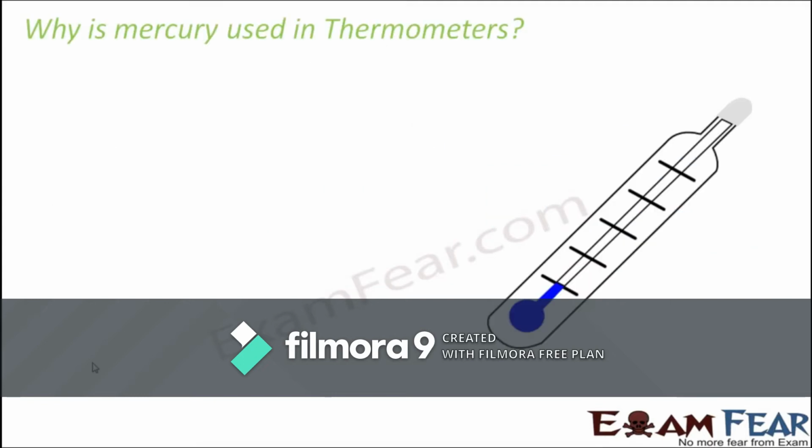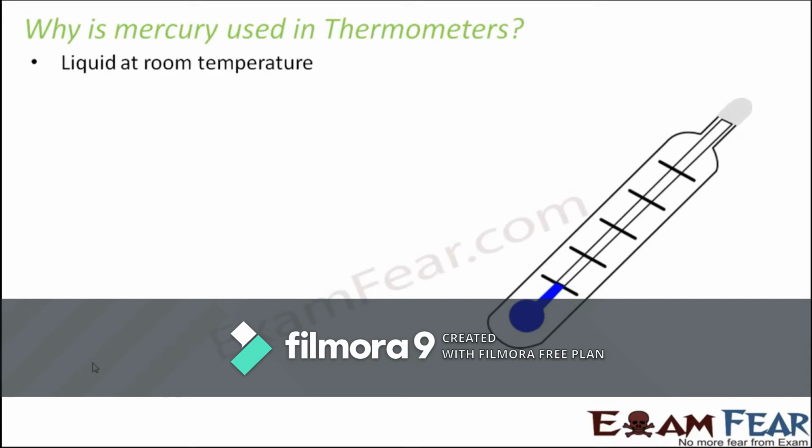Now, we looked at both clinical as well as laboratory thermometers. Everywhere we see that mercury is always chosen as the liquid inside the thermometer. What is so special in mercury that it is in demand for making thermometers?